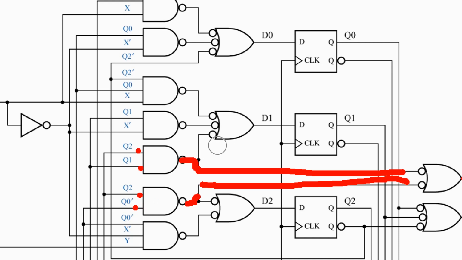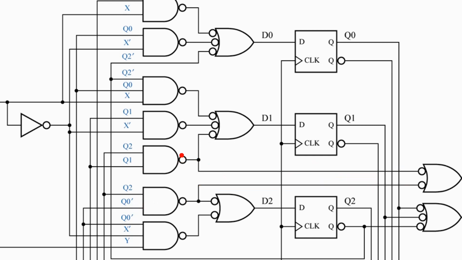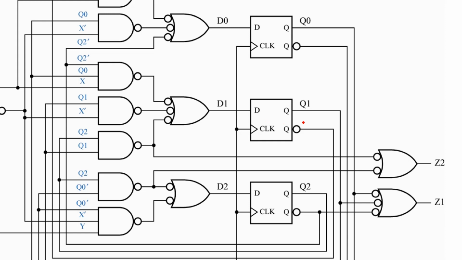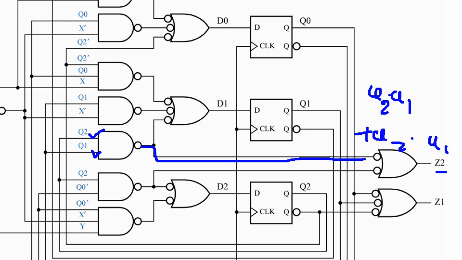If you see these equation bubbles, you can consider they can be cancelled together. That means the output Z2 equals Q2 and Q1, or Q2 and Q0 prime. This is the output equation.